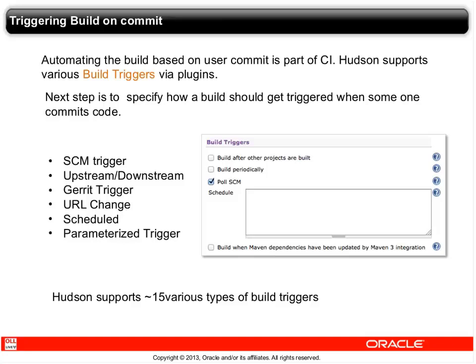In a typical CI setup, divide and conquer is the best policy. You divide it in such a way that each of the builds does not take more than 10 minutes. I would say you have set up a very good CI system if your builds are not taking more than 10 minutes.